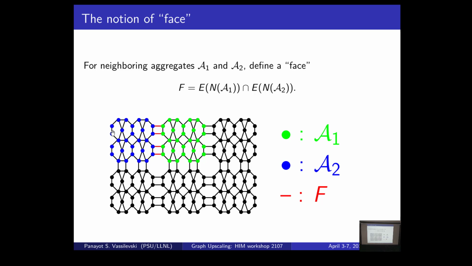And then once I have something on the faces, I'll extend them for the edges in the interior by solving some local problems. And on top of that, there will be, in terms of finite element terminology, some bubbles associated with the edges that are only interior to the aggregate and vanishing on the boundary.